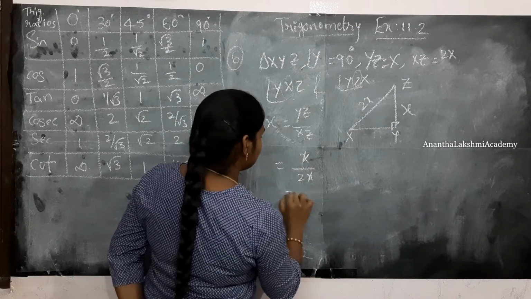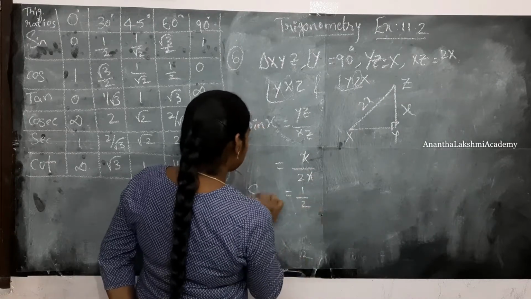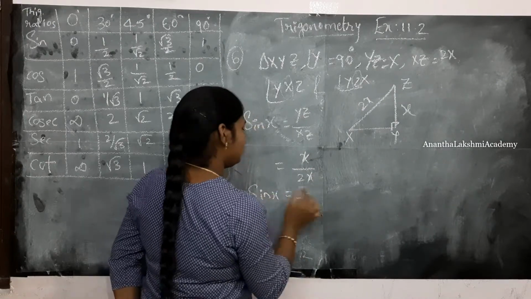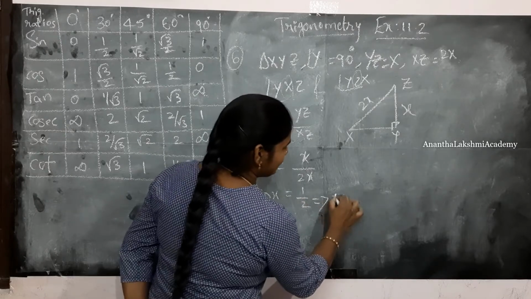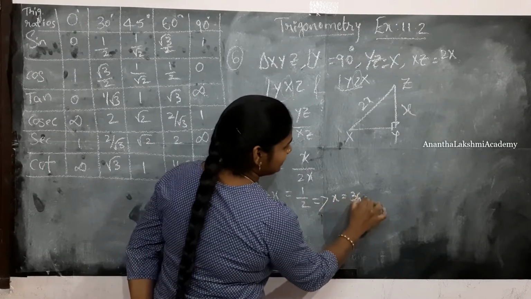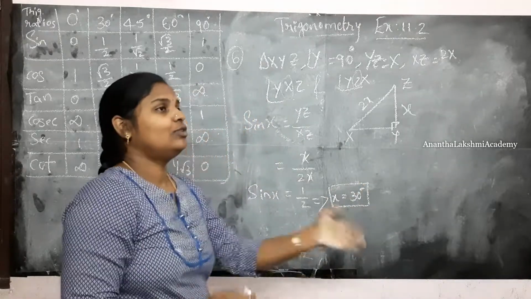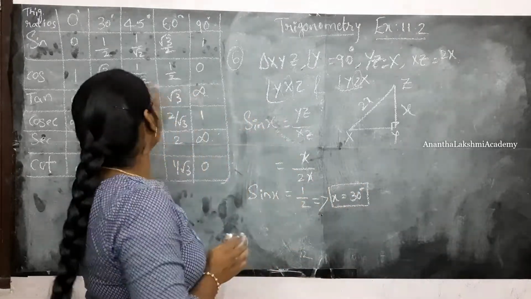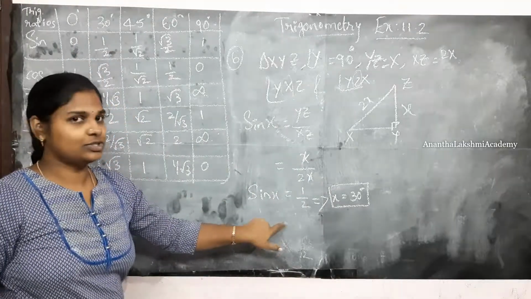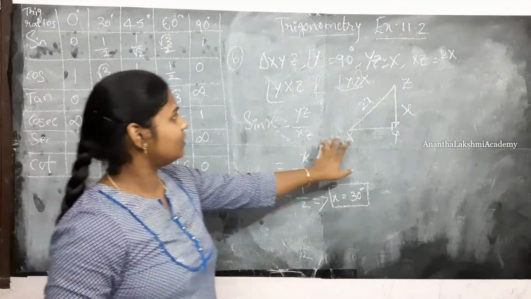X gets cancelled, 1 by 2. When sine X is equal to 1 by 2, what is the value of X? X is 30 degrees. If you remember the table, sine 30 is 1 by 2. So X becomes 30 degrees. Now we have figured out X.